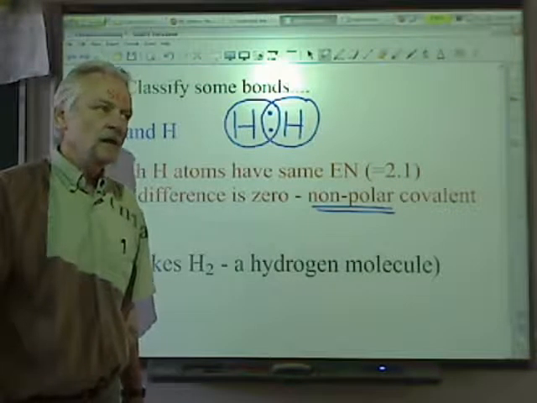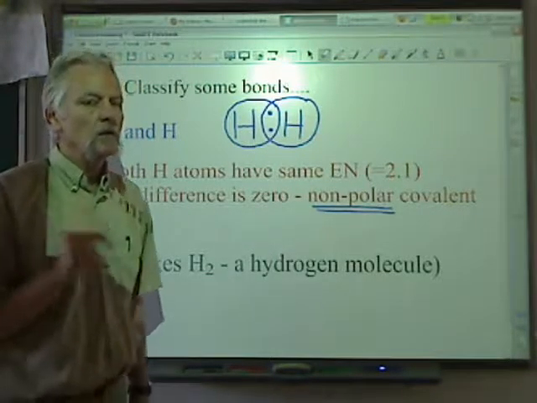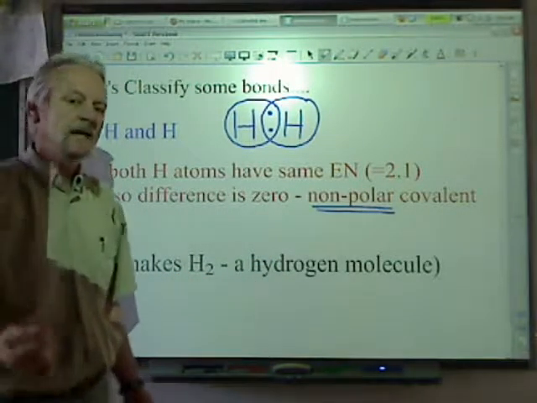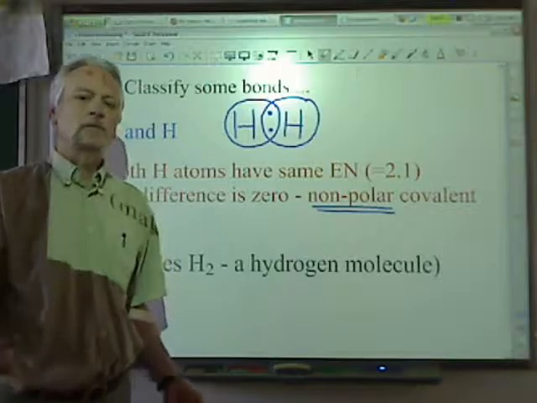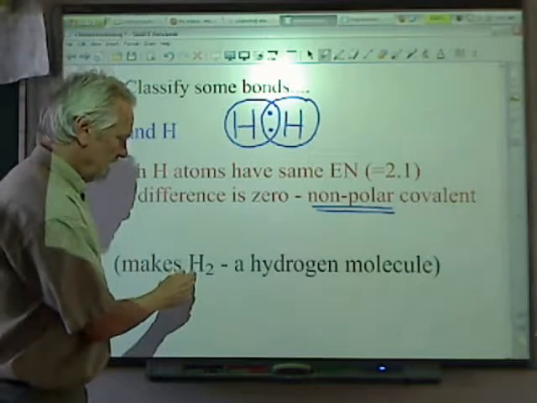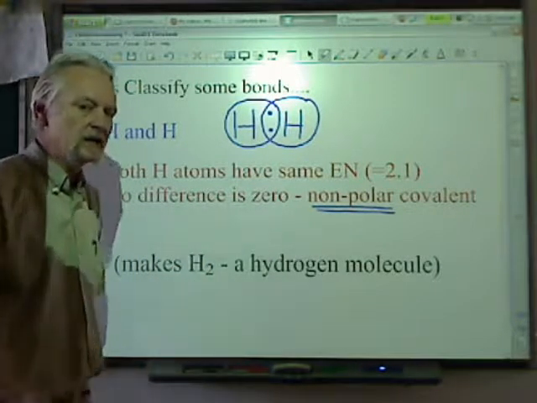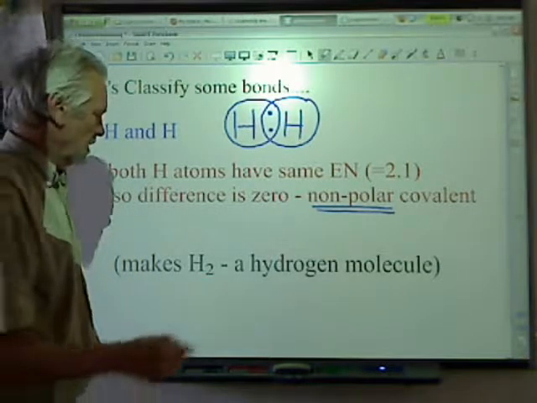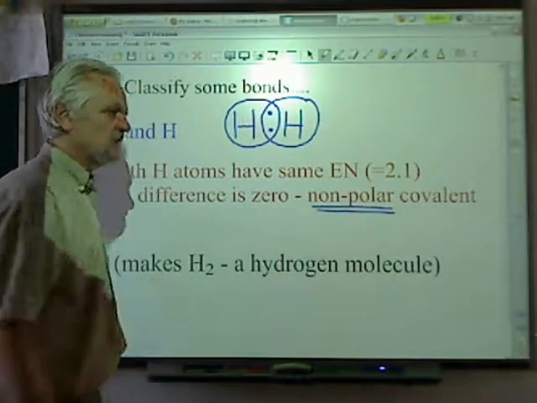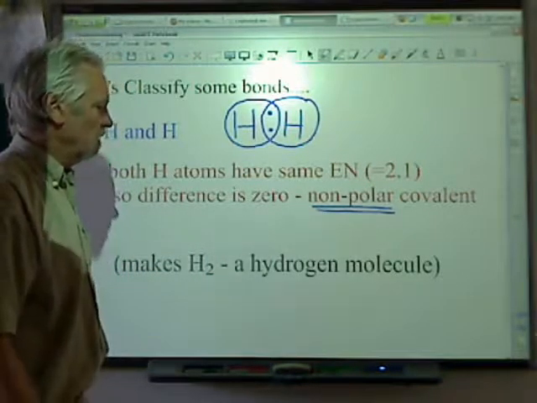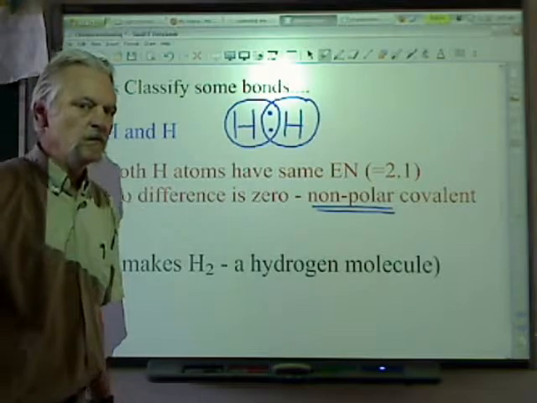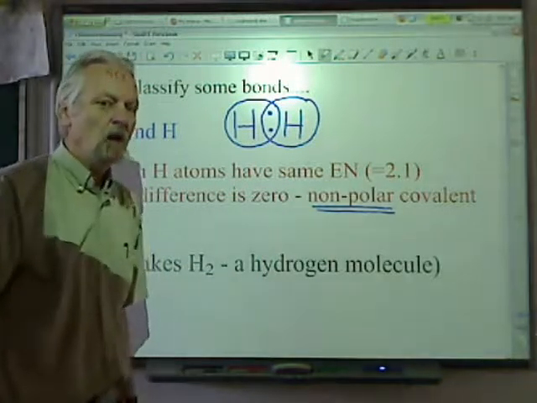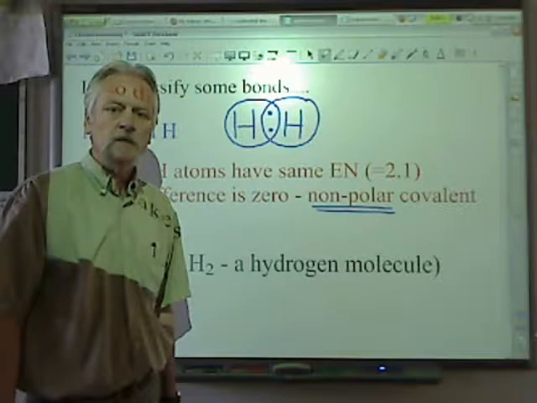It's also important to remember that any time a covalent bond forms, we're talking about a molecule, and hence we write the formula for a molecule of hydrogen as H2, the subscript telling us we have 2 hydrogens in this molecule. I'll have a lot more to say about chemical formulas as we get down the road, but for now we just remind ourselves that whenever electrons are being shared, the unit of interest is this molecule of H2.